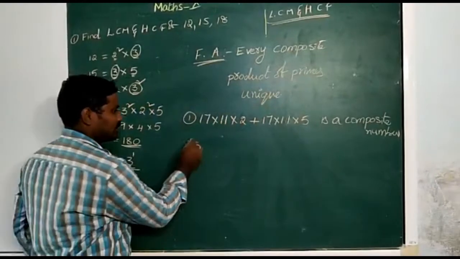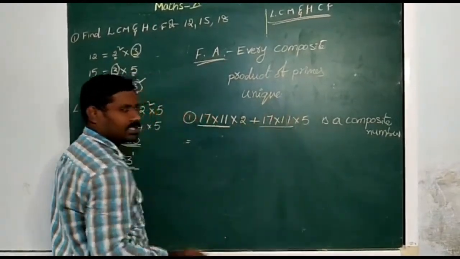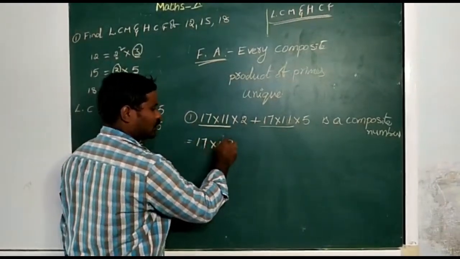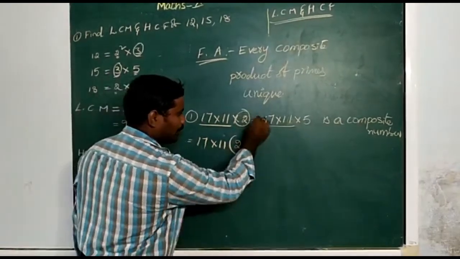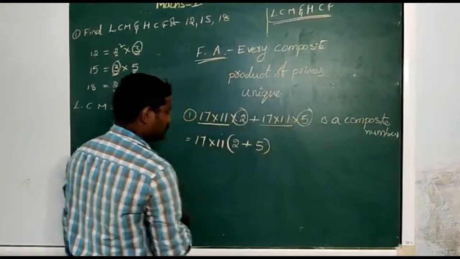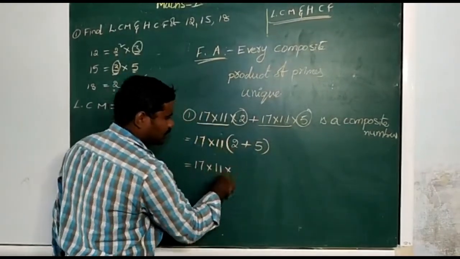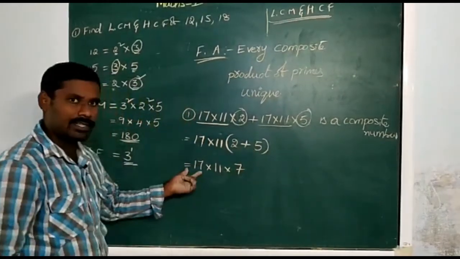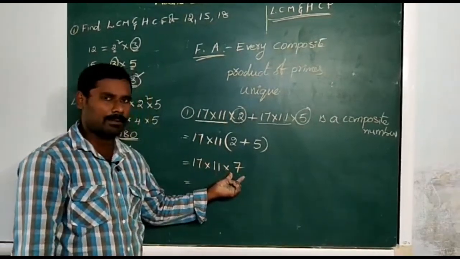Now check it. In these two terms, 17 into 11 is the common factor. Now I am writing 17 into 11, and the remaining terms are 2 in the first and 5 in the second. So 17 into 11 into 2 plus 5, which is 7. If you observe, 17 is a prime number, 11 is a prime number, 7 is also a prime number.